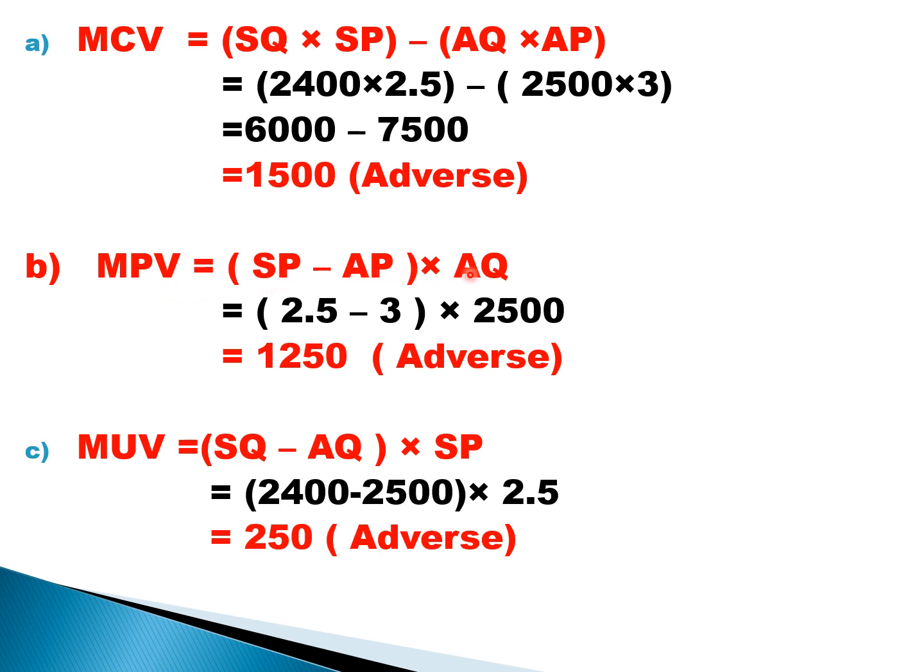SP minus AP into AQ. 2.5 minus 3 into 2,500. You get minus 1,250 adverse. Material usage variance, SQ minus AQ into SP. 2,400 minus 2,500 into 2.5. You get minus 250 adverse.